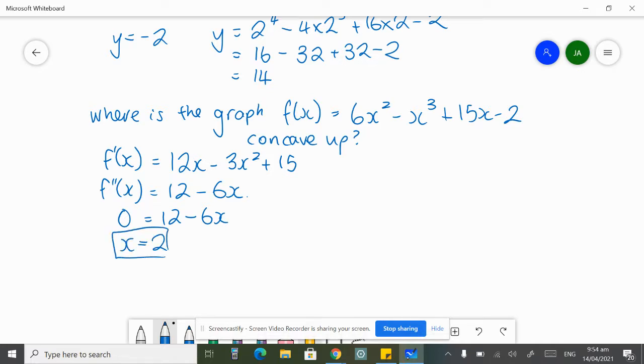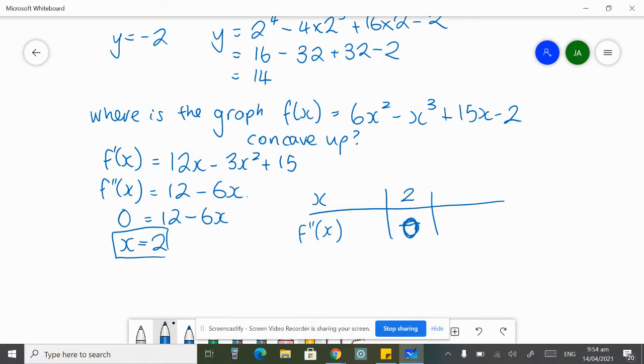Okay, so let's have a look at when x is 2, what's happening to our f double dash of x. We know that at that point f double dash of x equals 0, so that's a point of inflection.